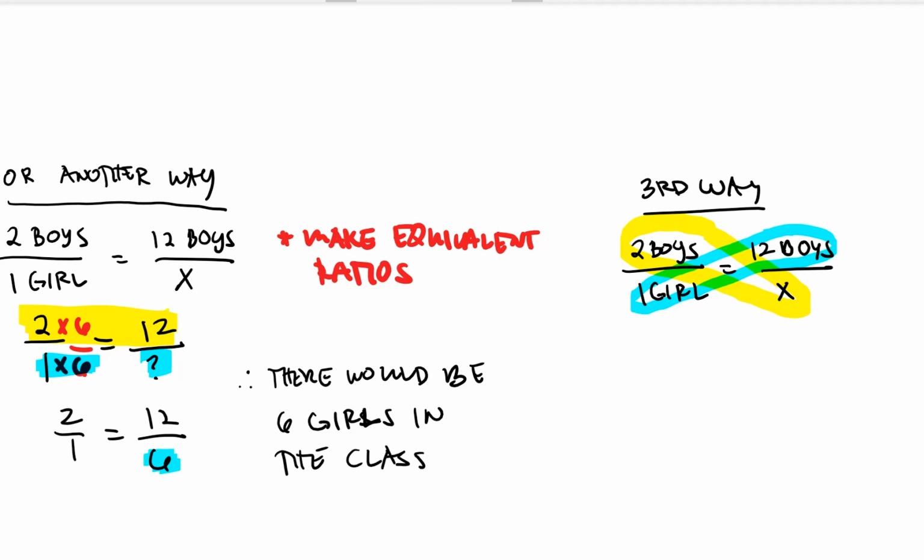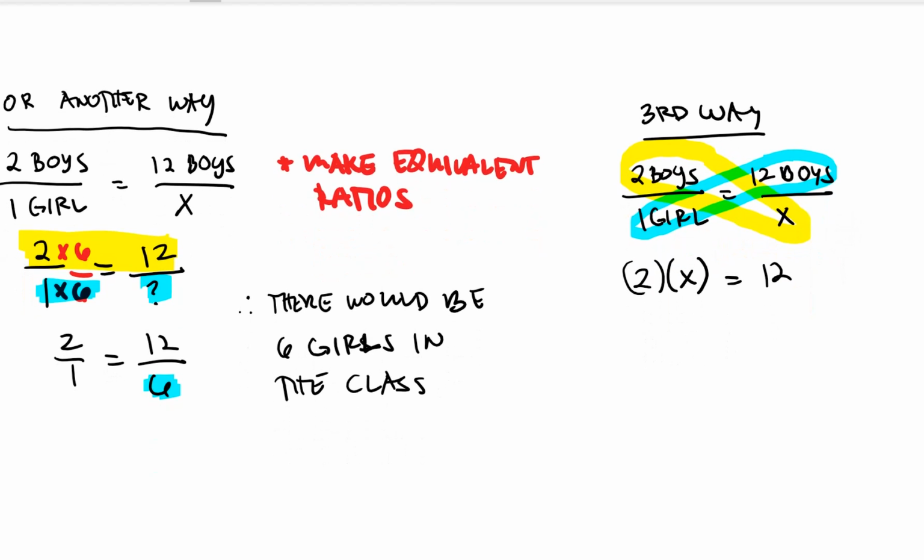So if you're going to do that, that gives me 2 times x is equal to 1 times 12, which is just 12. So to solve for x, you divide this by 2 because I want to solve for x.